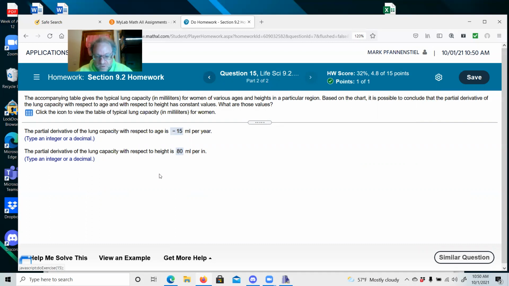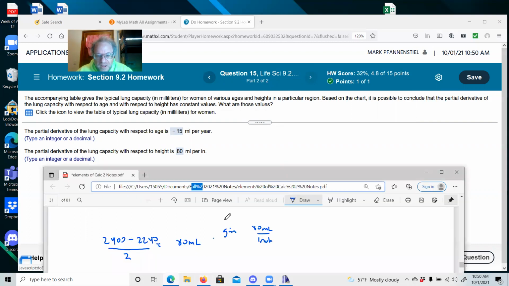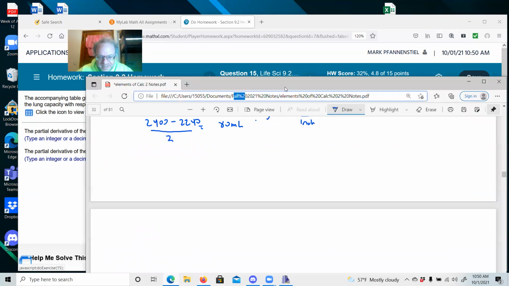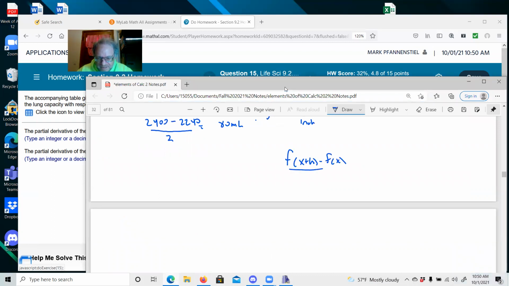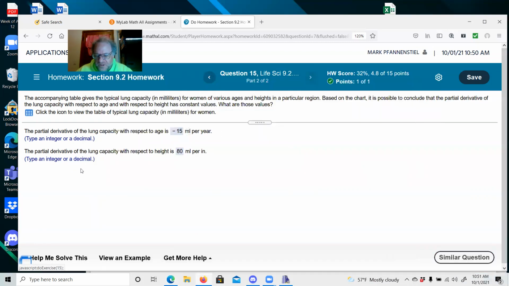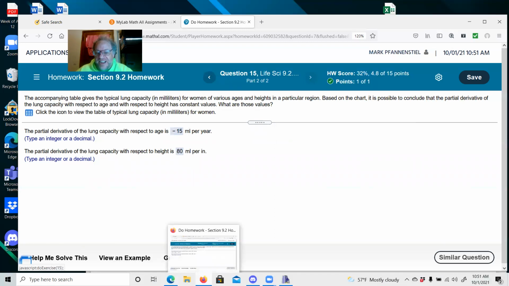That's actually why you've learned this thing. You guys are mostly lab scientist people. You're not going to have nice analytic functions. You're going to have a table, and they're going to say, figure out what's happening when a change happens.